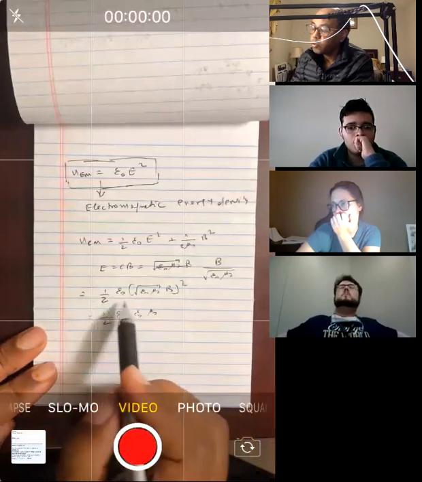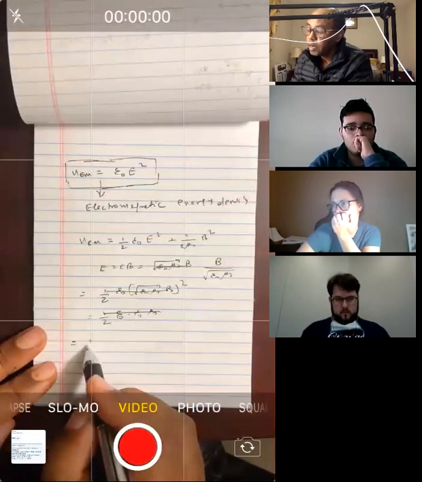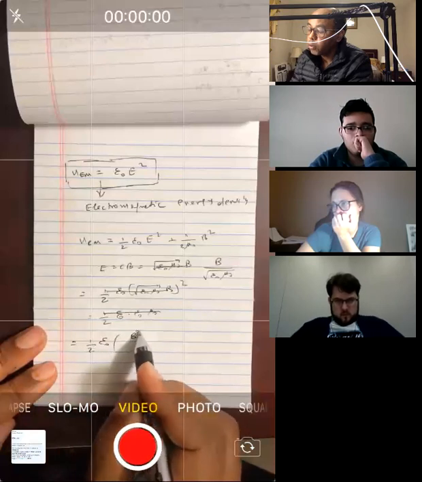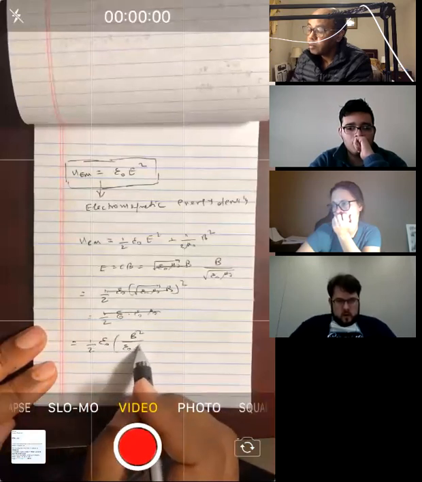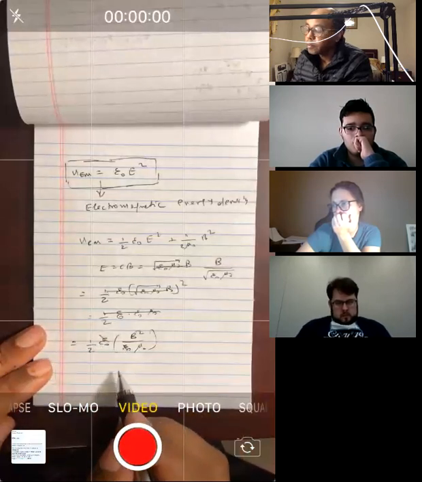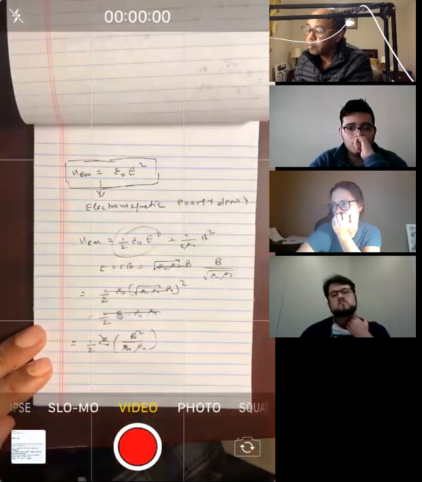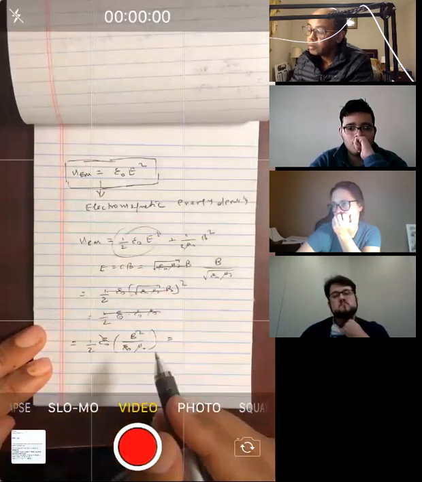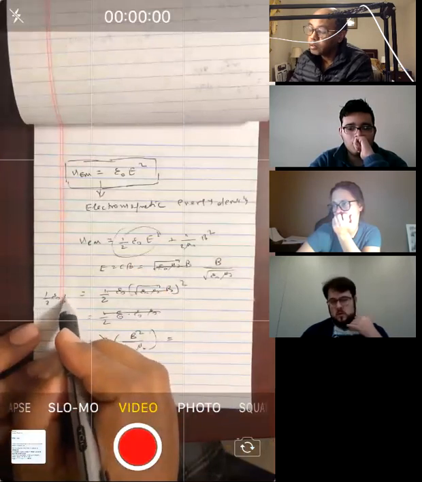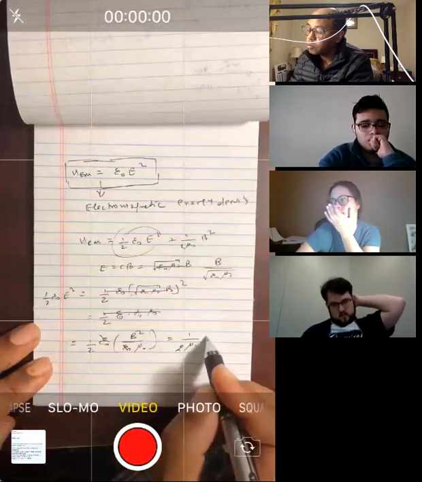So let's simplify this. This is going to be half epsilon and then B squared over epsilon mu naught. Okay, so you see epsilon goes away. That turns out to be 1 over 2 mu naught B squared.